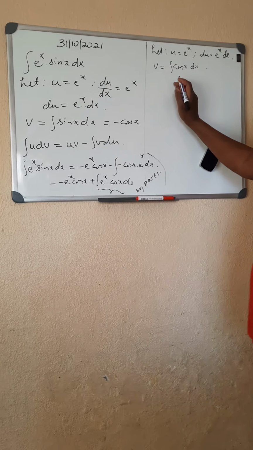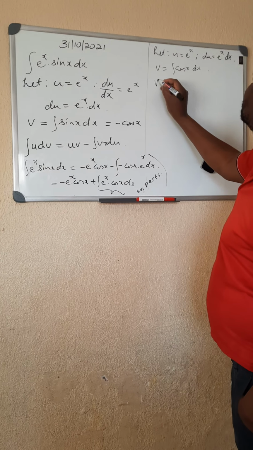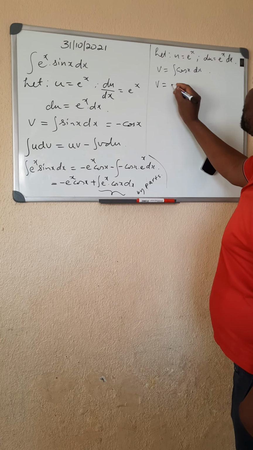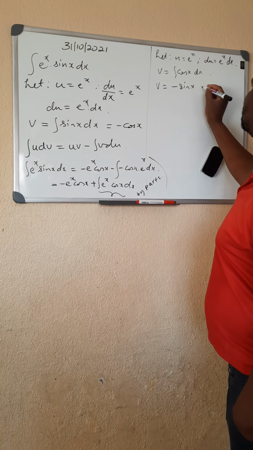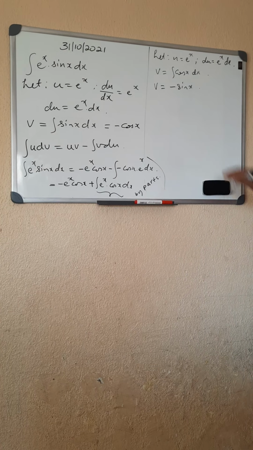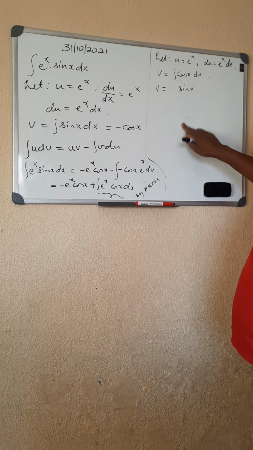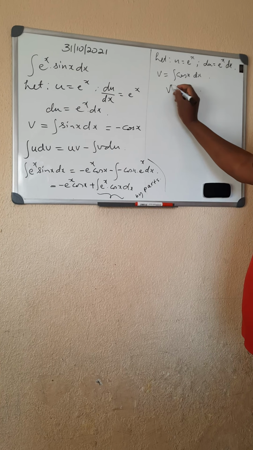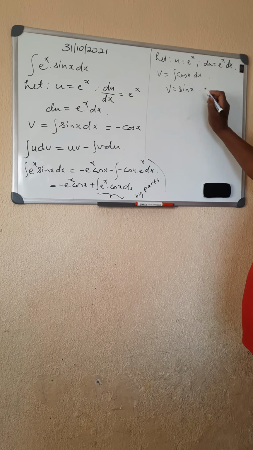Now what is the integral of cos x? This would be minus sine x. It's a positive sine x. v is a positive sine x.